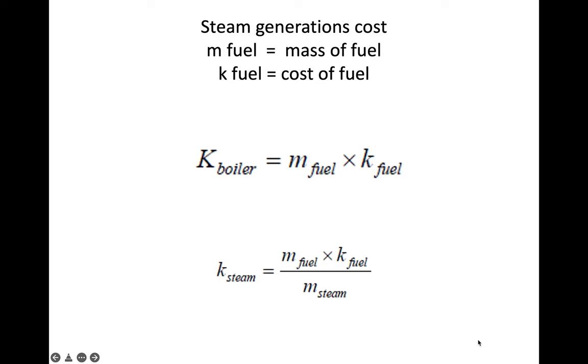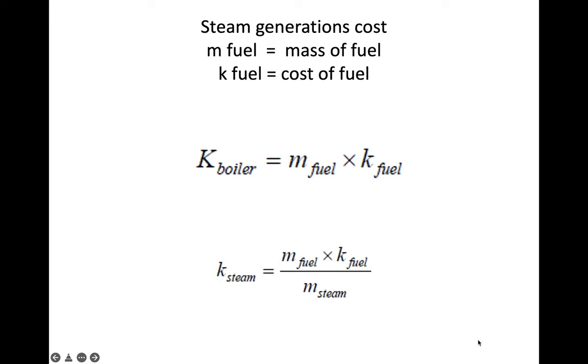And then we have to calculate the steam generation cost also. For the steam generation cost, the first thing is we have to find the mass of fuel, or M fuel. We also have the cost of the fuel itself, or K fuel.